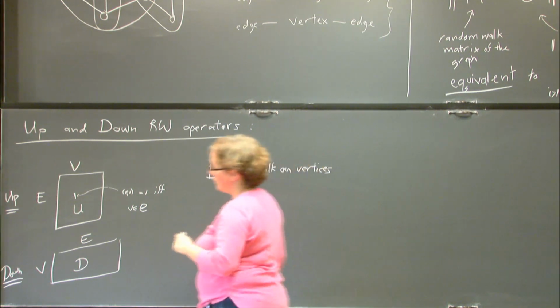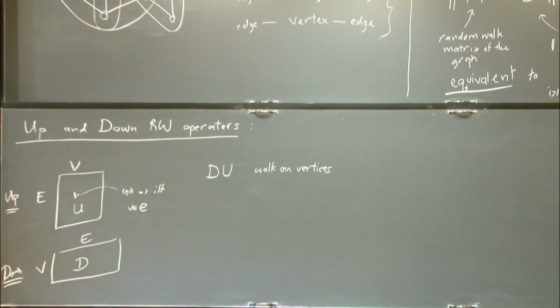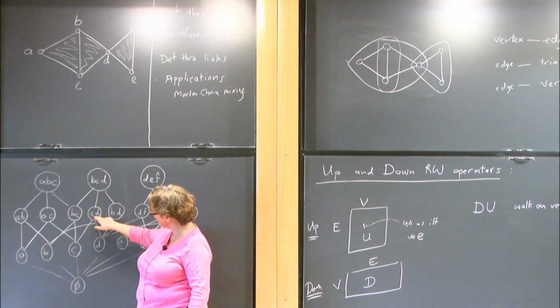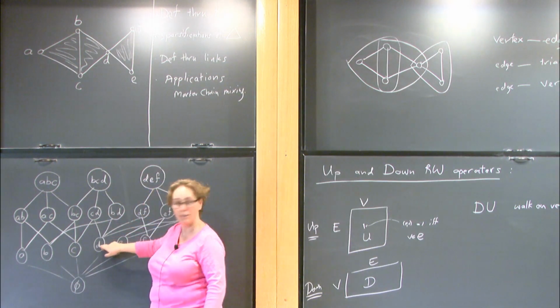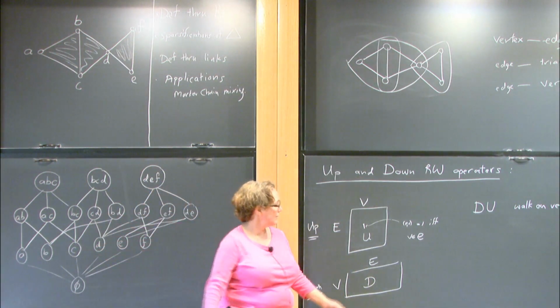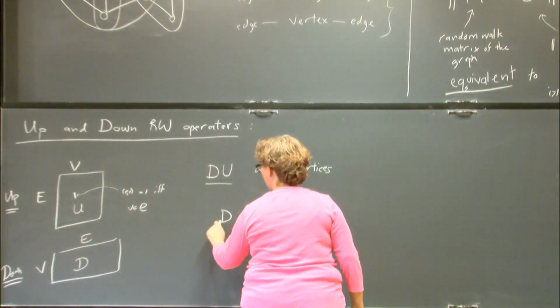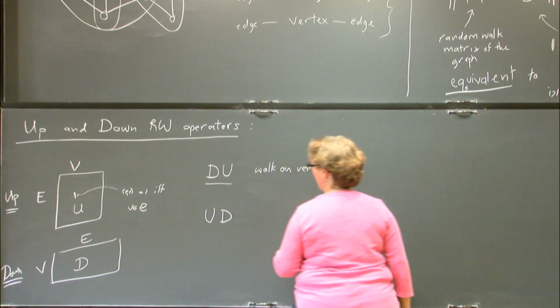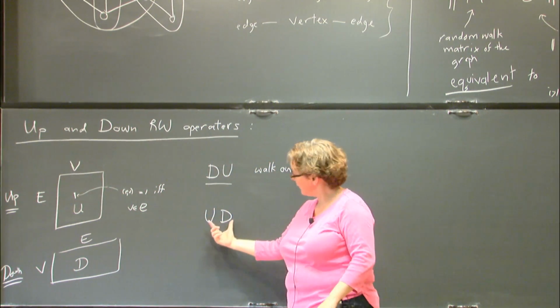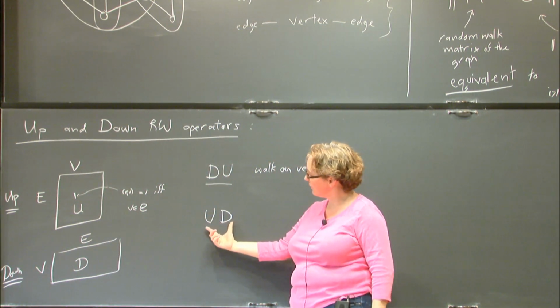It's a walk that goes from a vertex to a random edge that contains it, and then from this edge to a random vertex that's contained in it. That's exactly described by this matrix. And there's another matrix where you first go down and then you go up. What is this matrix? What are the dimensions here?